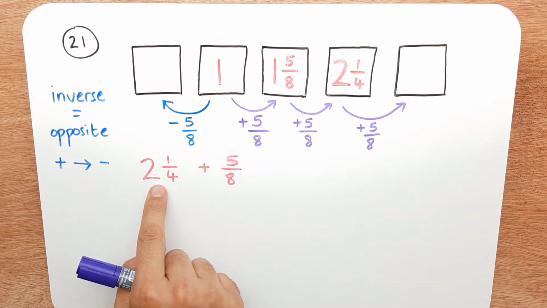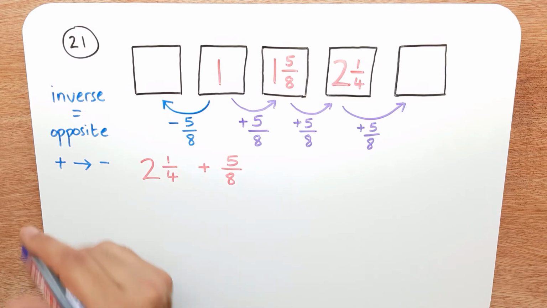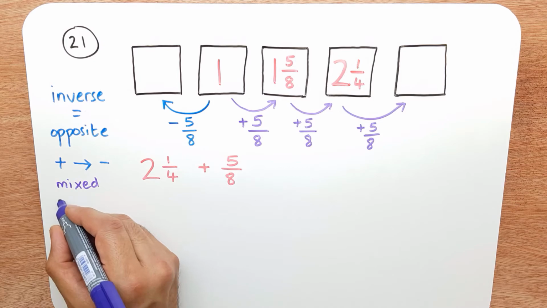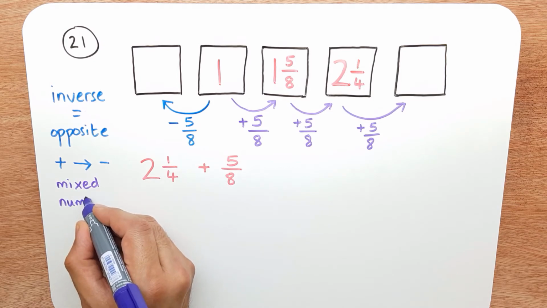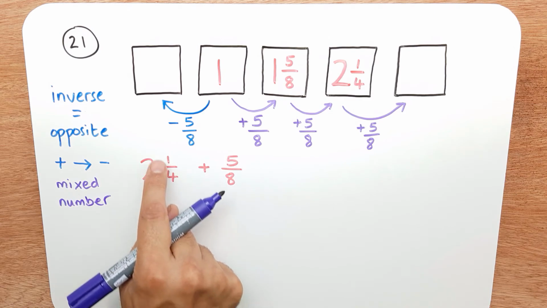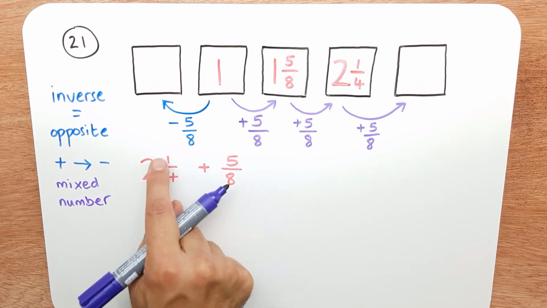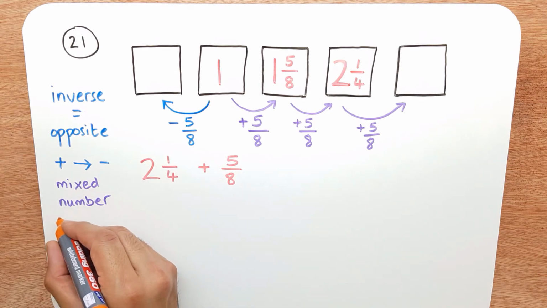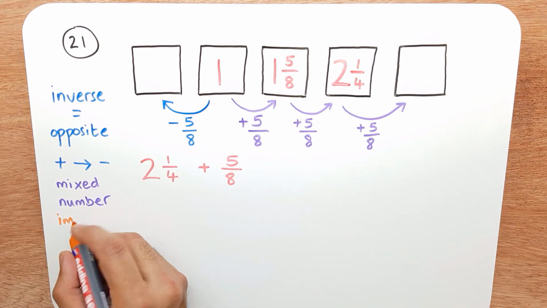Now this here is a mixed number. Let me write that down. Mixed number. And learn these words because they're very important. Why is it a mixed number? Because you have the whole part and the fraction part. And we now need to turn this into an improper fraction. So let me write that down as well.